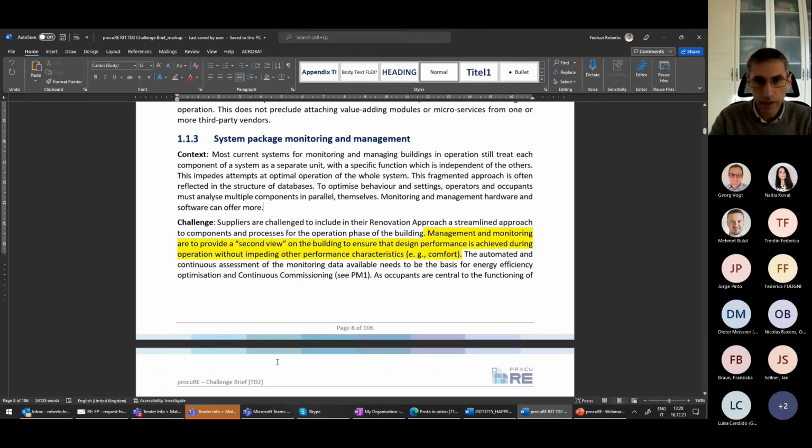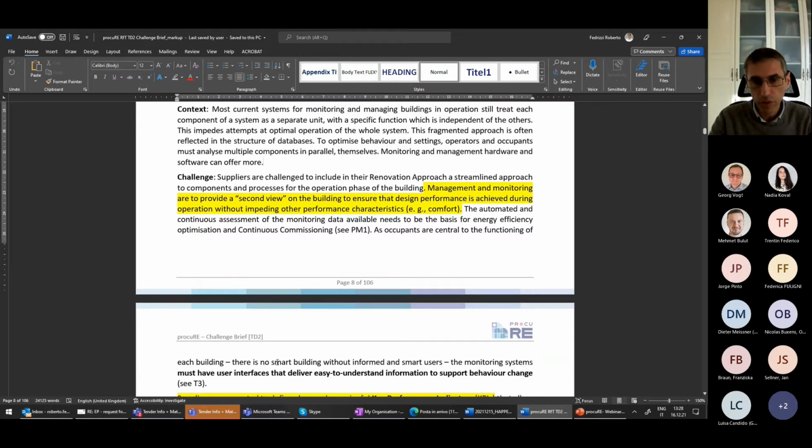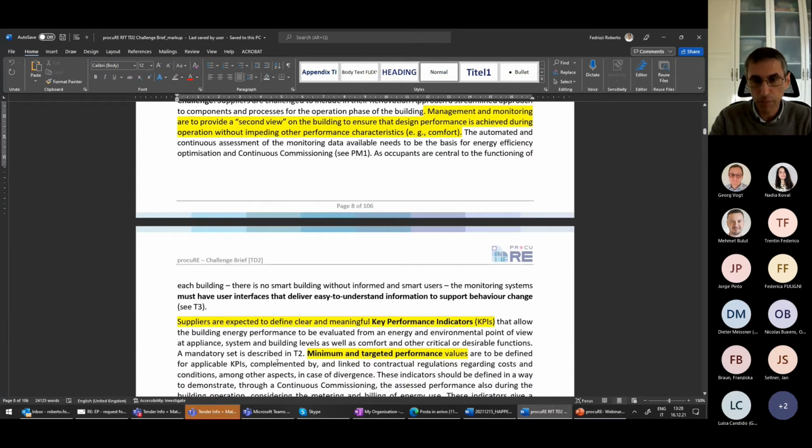So again, in the approach, we would expect to receive clear indications in terms of how the system packages are going to be monitored and managed.